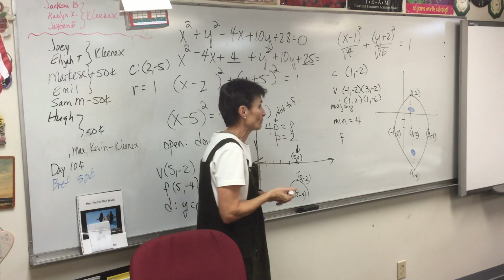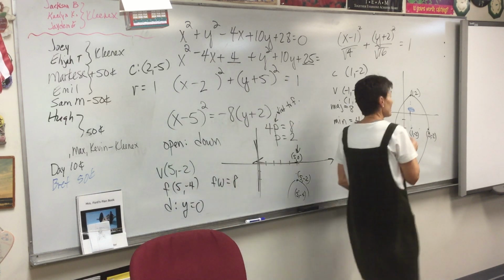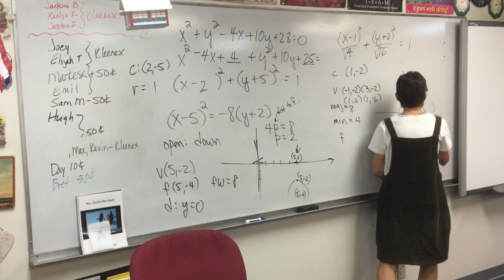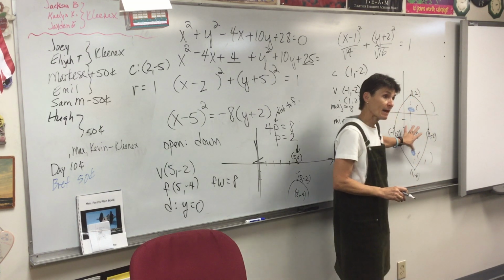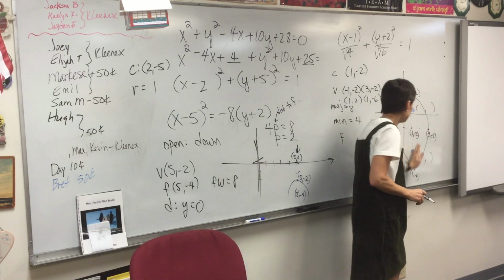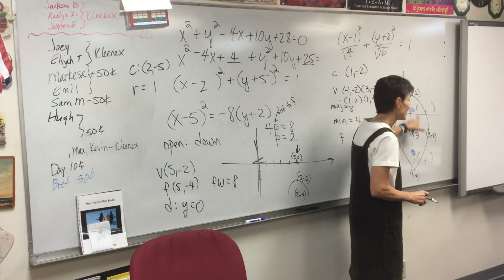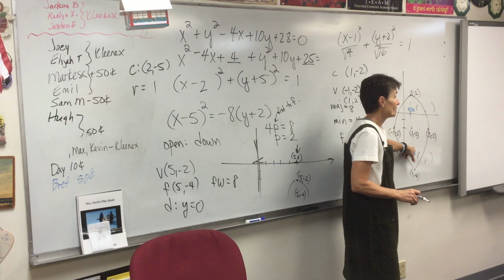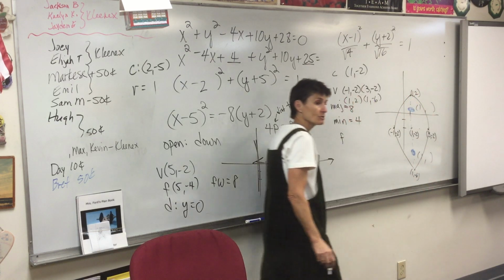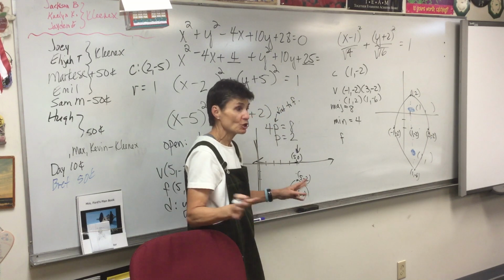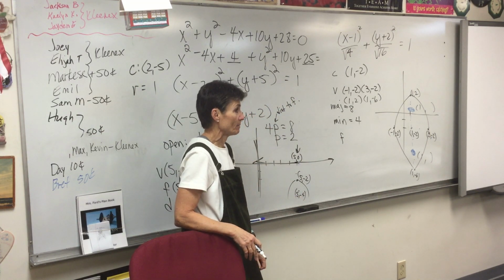Those points are there for reference. Because even if you don't remember a thing, you can get half credit for that problem. What do you know about both of these points? The x is 1. So you get half credit just by paying attention to the shape.